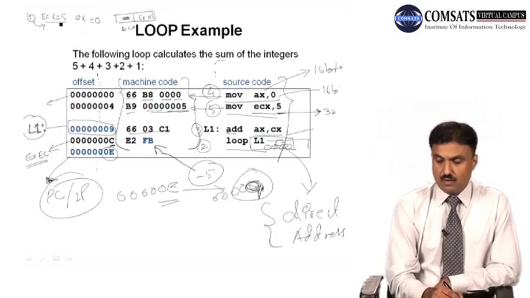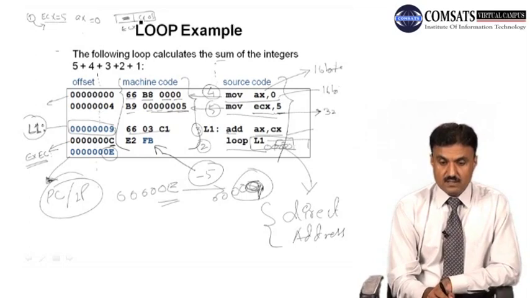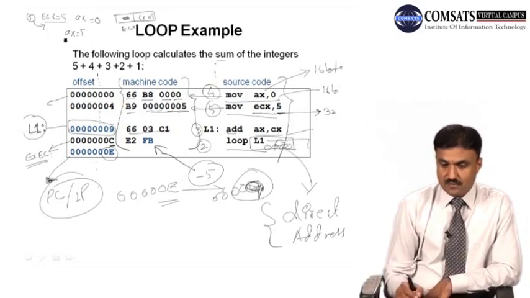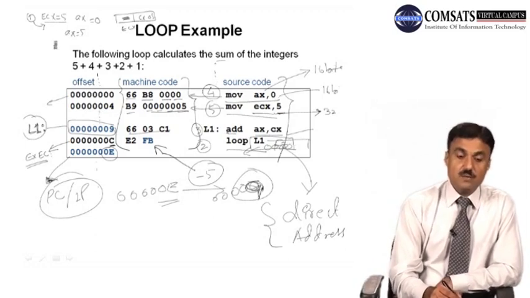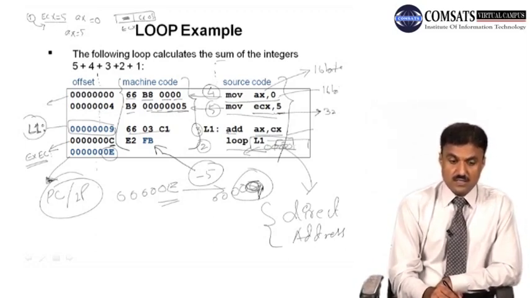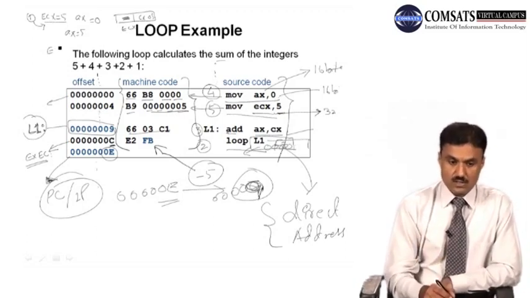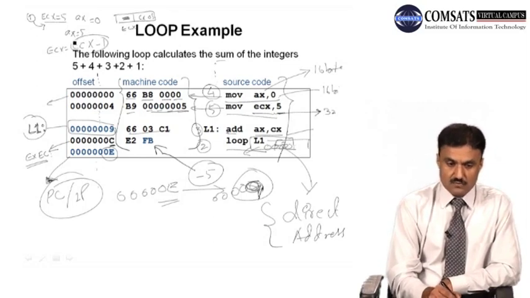So AX will be added with CX. AX will be equal to 5 when we execute the first time. At the loop, this ECX will be decremented: ECX is equal to ECX minus 1, which was the logic, and this value will be transferred into ECX.